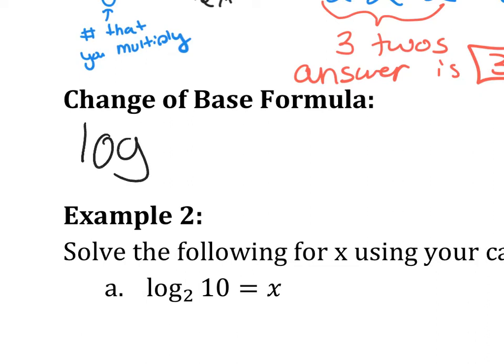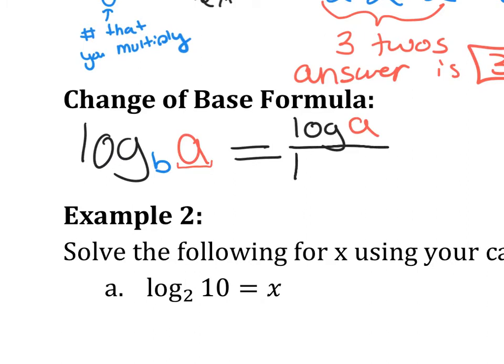So when you have a log, base b of something, we can rewrite this as log of the answer, the common log, so that's log base 10, over log of the base. The base always goes on the bottom. Base is on the bottom. And now we have the log button on our calculator. We can now evaluate logs with these different bases.